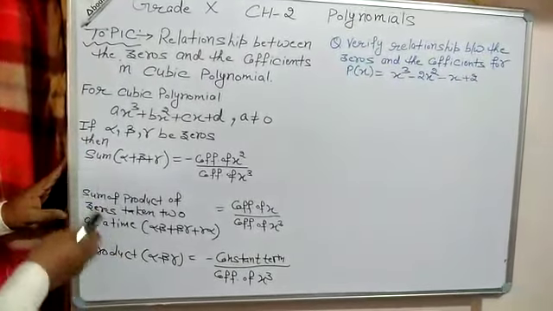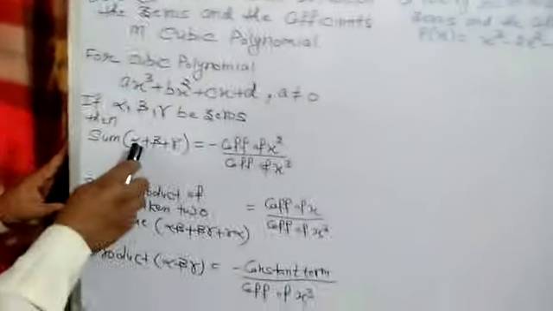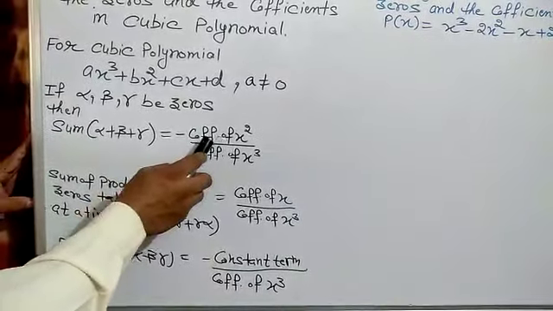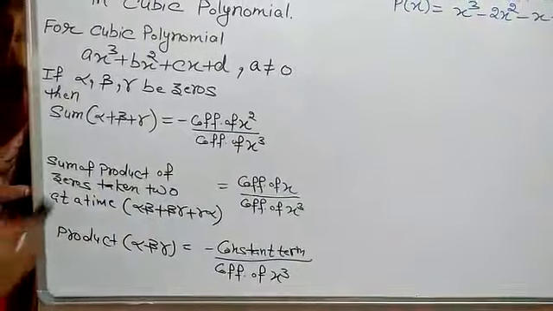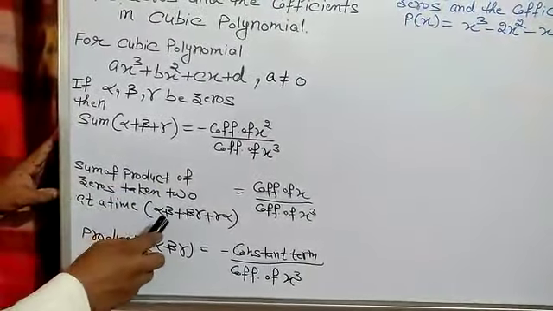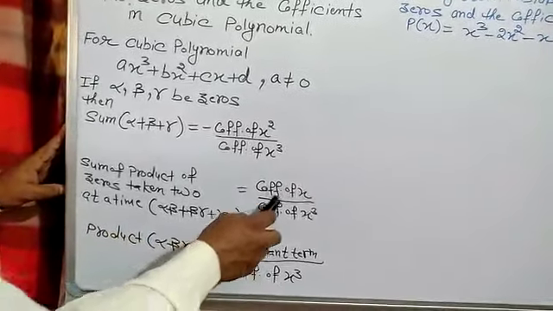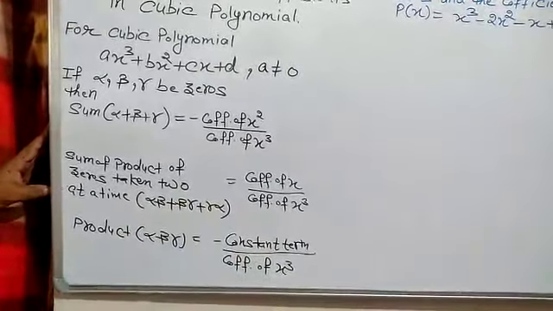So see, once again, the sum of zeros in case of a cubic polynomial, alpha plus beta plus gamma, is equal to minus coefficient of x square upon coefficient of x cube. The sum of product of zeros taken two at a time, that is alpha beta plus beta gamma plus gamma alpha, is equal to coefficient of x upon coefficient of x cube.